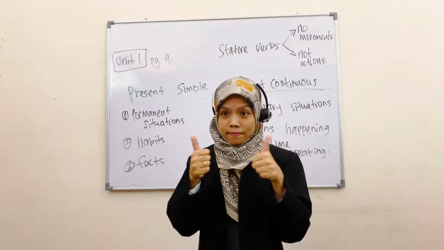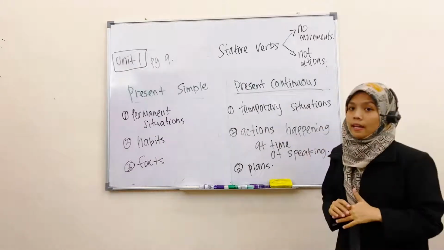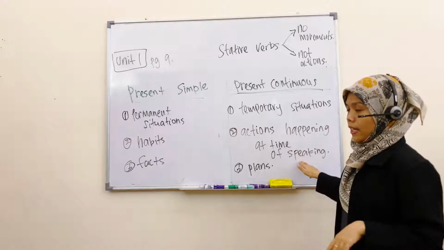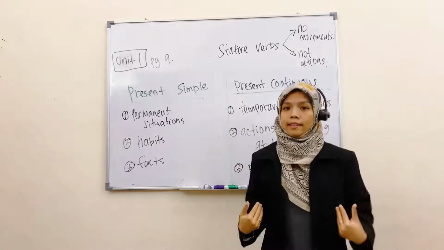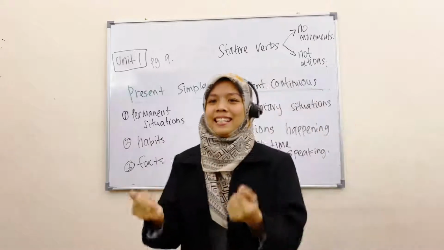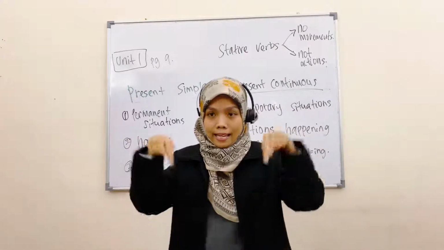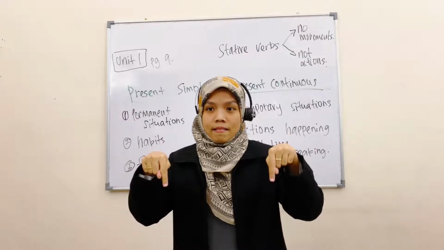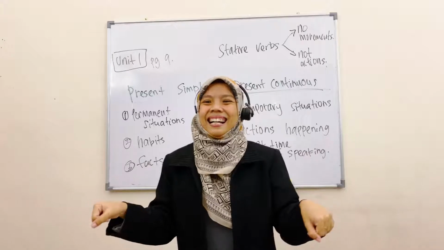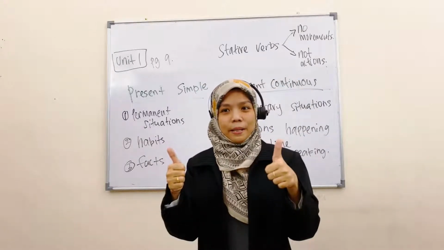Now how about actions happening at the time of speaking? For example, like now, I am talking. I am talking to the audience, to the viewers. So the action is happening at the moment, now. Later, I might not speak anymore. I will not talk anymore. So far so clear?